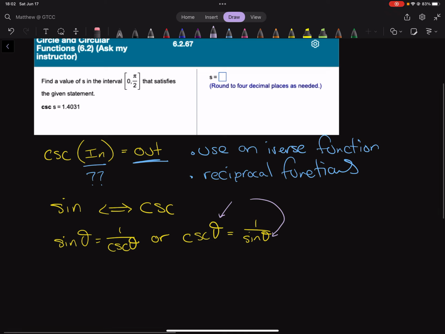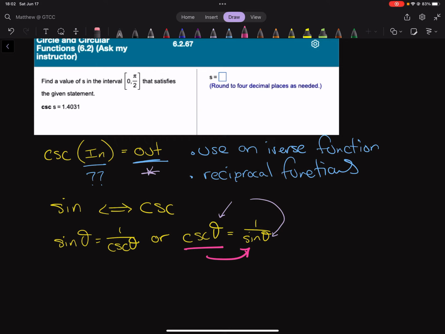But to go the opposite way, we actually have to address the output in order to switch everything up. Yes, cosecant theta is equal to 1 over sine theta, but their outputs are too.